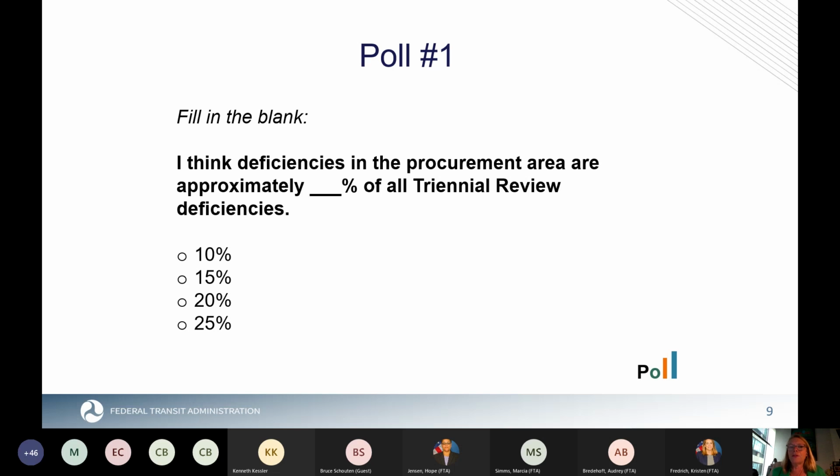From time to time, if you're using a phone or your system is blocking some of the poll features, you may not be able to actually take the poll. But we didn't want you to miss out. Once the number of folks have answered, we will end the poll and share the results.